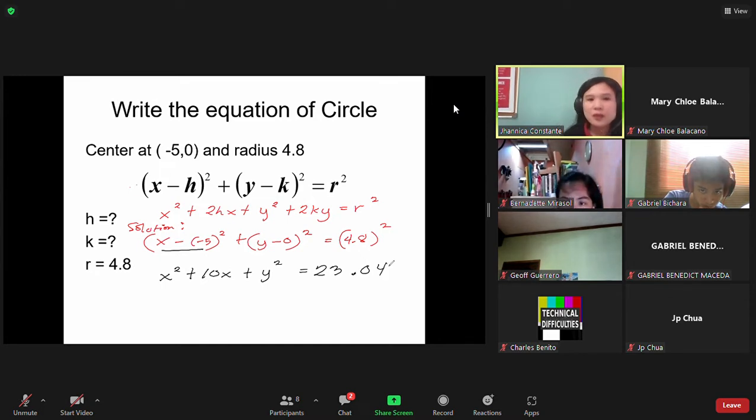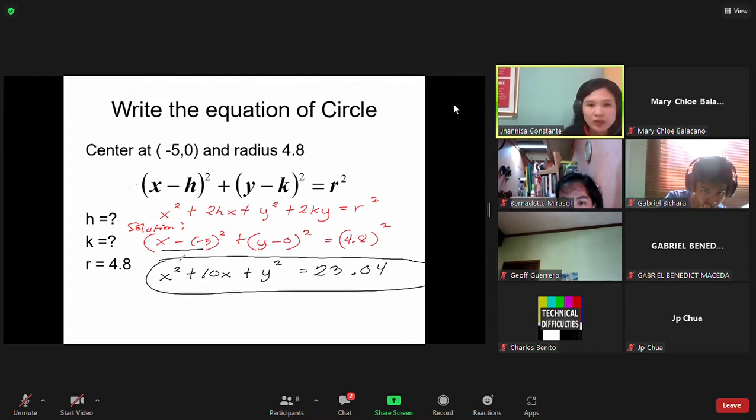So the expanded form of our equation of the circle is x squared plus 10x plus y squared equals 23.04. That's how we solve for the expanded form of our equation.